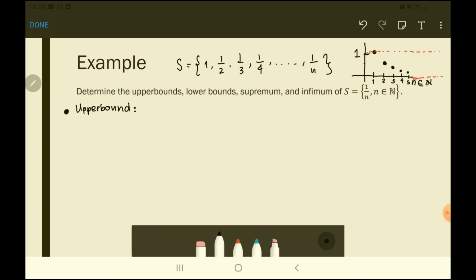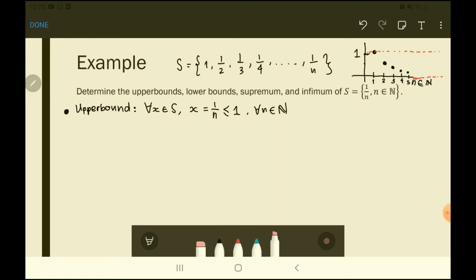For the upper bound, we know that for all x an element of S, where x is defined by 1 over n as in the question, 1 over n will always be less than or equal to 1, for all n an element of the natural numbers.